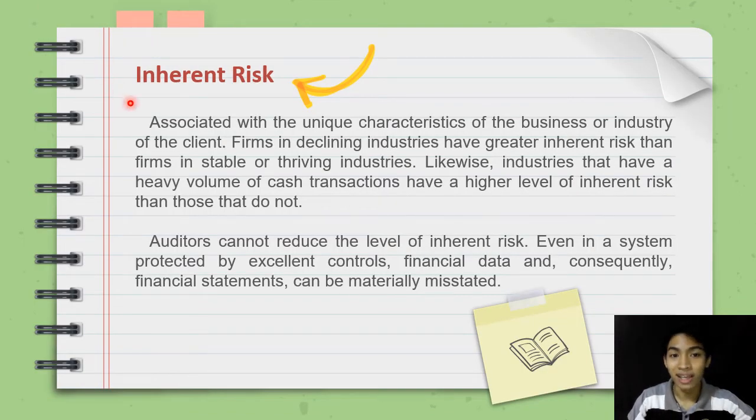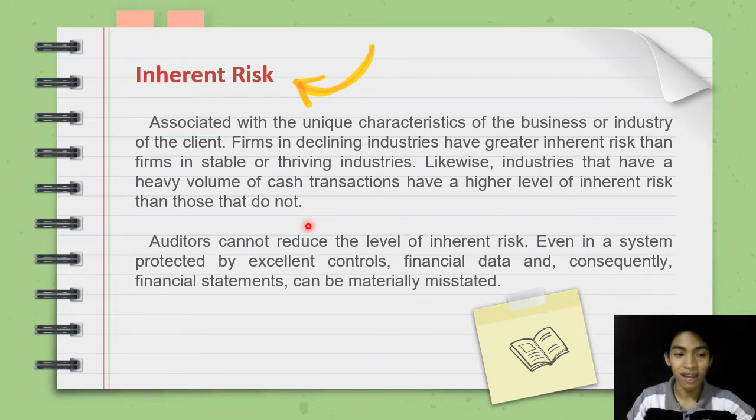For number one, we have the inherent risk. This inherent risk is associated with the unique characteristics of the business or industry of the client. Firms in declining industries have greater inherent risk than firms in stable or thriving industries. Likewise, industries that have a heavy volume of cash transactions have a higher level of inherent risk than those that do not.